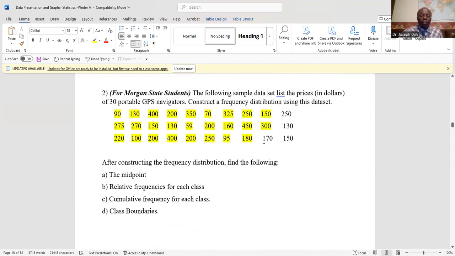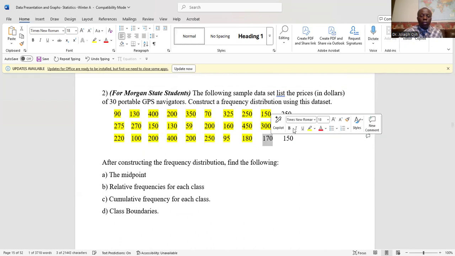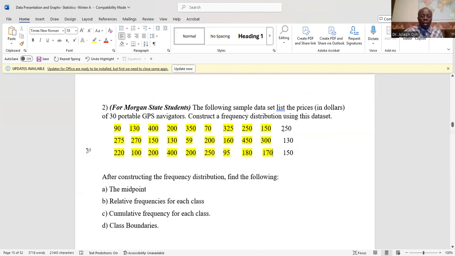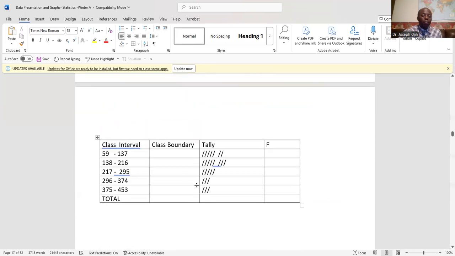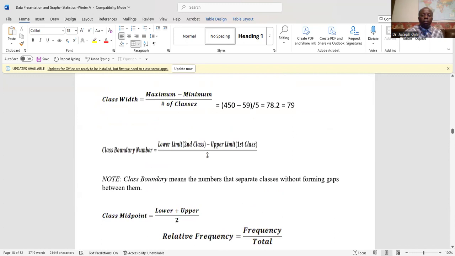Then we have 170 and 250. So you got 170 right here, and 250 should be right here. It's 5 already, so you're going to make a gap.